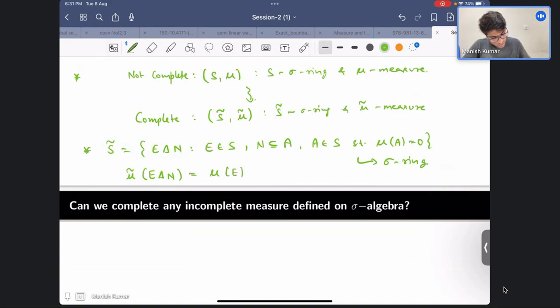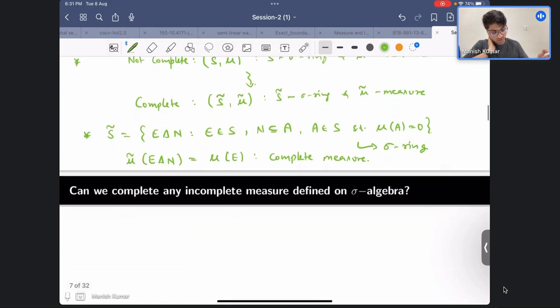This is what you've seen, and this was a complete measure.